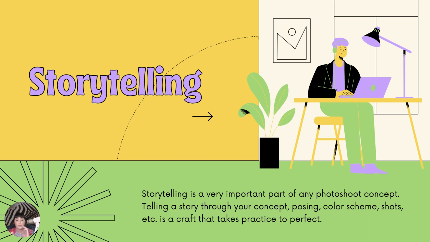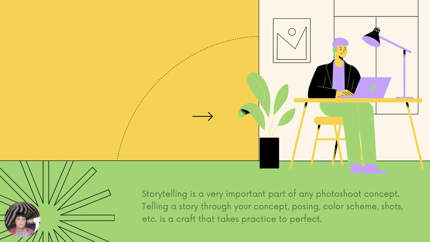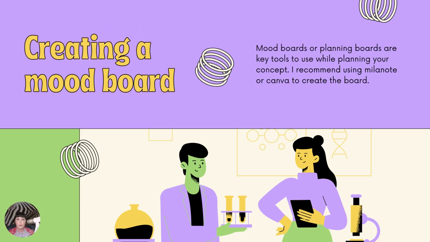So now that we have our idea, we've brainstormed, and now we can properly tell some kind of story. Let's make our mood board. This is almost our final step into having your full concept created, okay? So you can call them a mood board or a planning board.